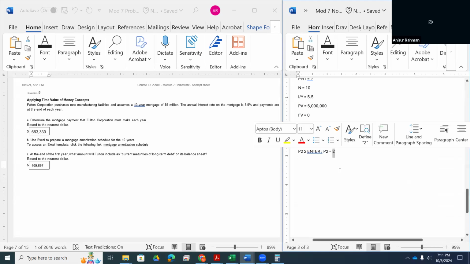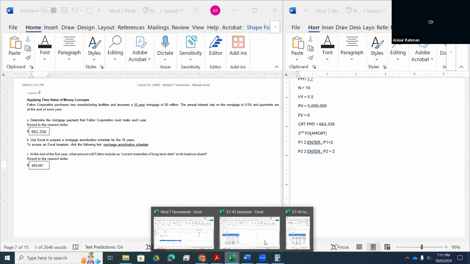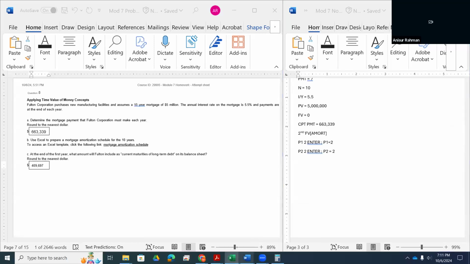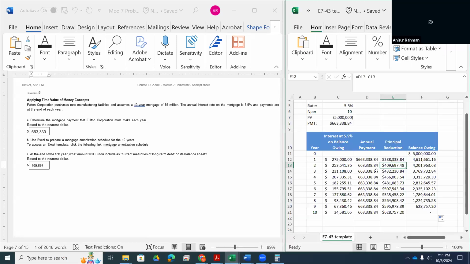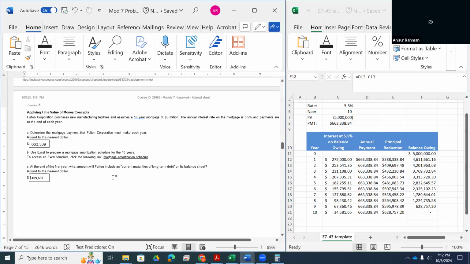And during this period, this is the amount that needs to be paid off as principal reduction. So this is the end of question 5.